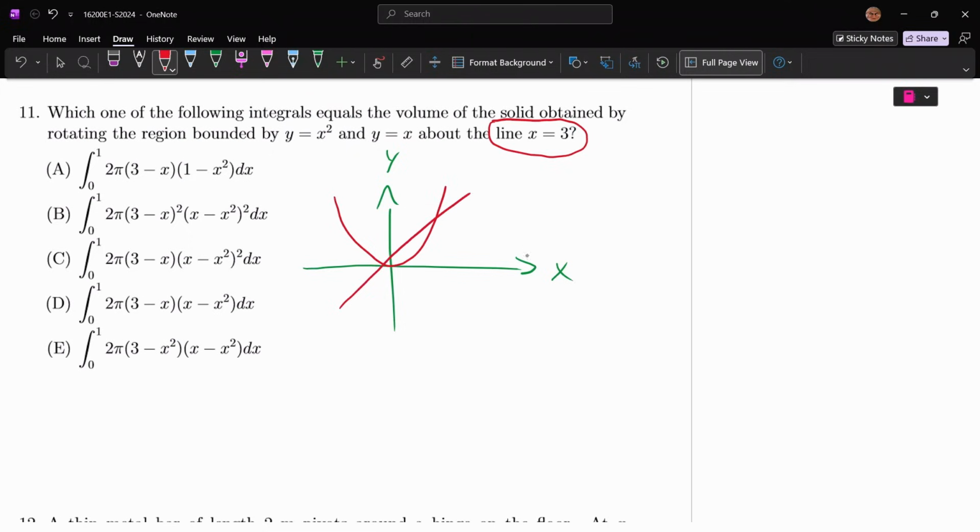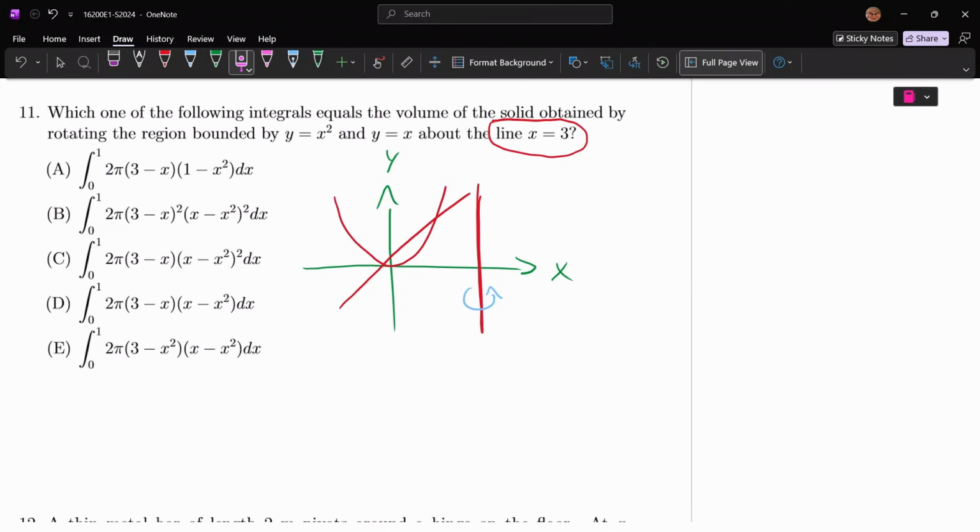It's rotated about the line x equals 3. This is going to be our axis of rotation rather than the y-axis, so make sure you stay on top of that because we're going to have to account for that shift.